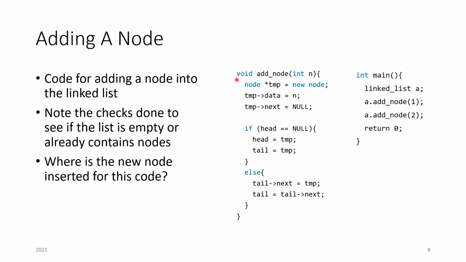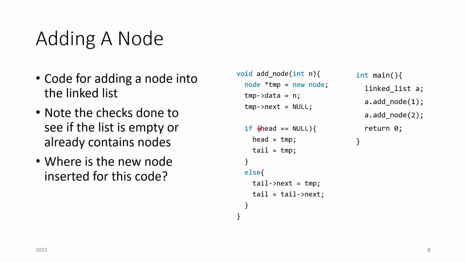So I'm giving you the code here for adding a node to the linked list. We see that we make use of the new construct, the pointers for our node structures, in order to create new nodes in memory. By creating a temporary node and assigning data and the address, we can go about reassigning the flow of our linked list depending on how many nodes we actually have.